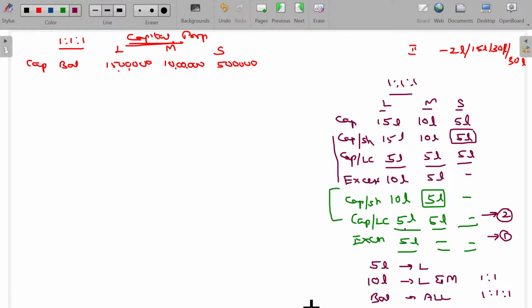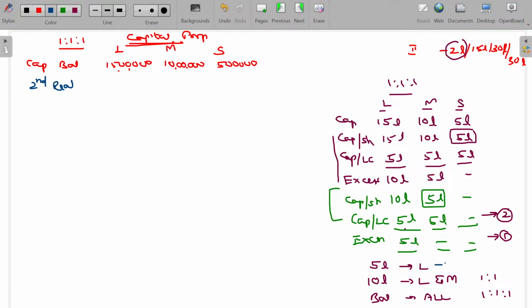Now, in the second realization, how much excess do we still have? 2 lakhs. So, second realization. We have 2 lakhs, up to 5 lakhs, we have to make the payment to L only.